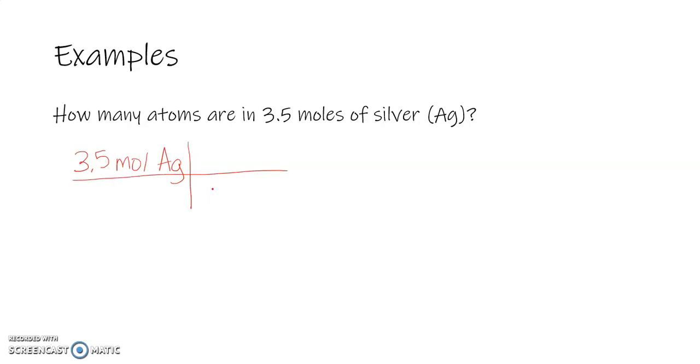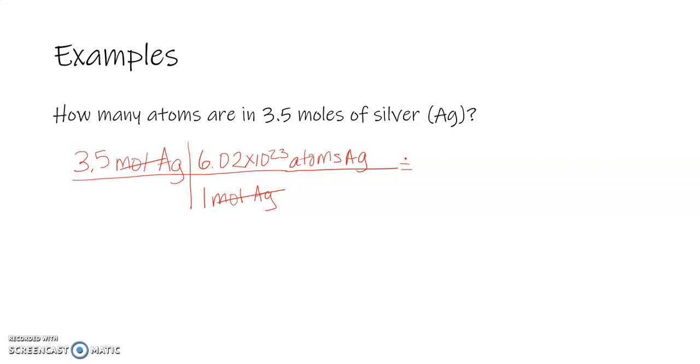And we're converting to atoms, so we will use Avogadro's number, put 1 mole of silver on the bottom, Avogadro's number, 6.02 times 10 to the 23rd atoms of silver on top. Moles of silver cancel. Our units are left with atoms of silver, which is what we are looking for. Now we can simply plug this into the calculator.